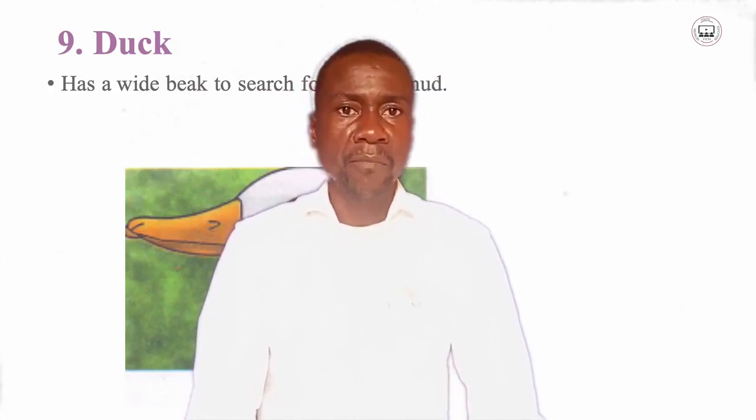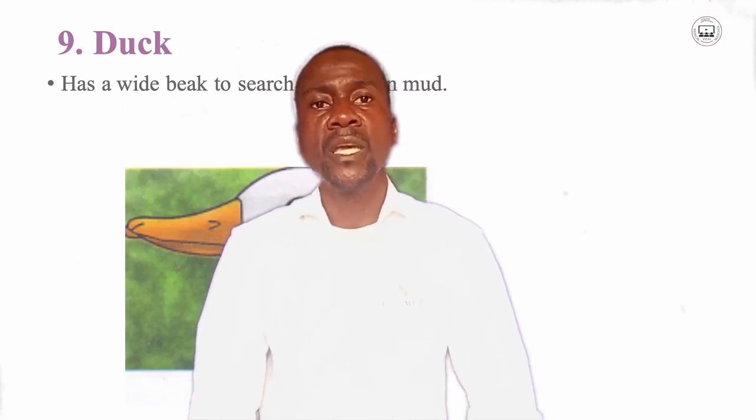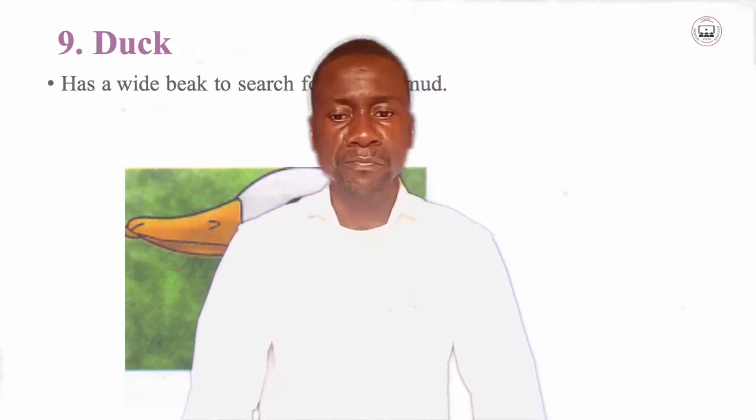To add more on the same, you may also determine the type of bird according to its feet. So the feet also play a great role in determining the type of bird we are trying to look into.